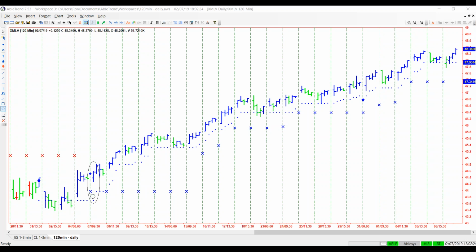The point I'm making here is when the bar is open, the colors can change because the prices are moving and the software is doing all the calculations. Once the bar closes, it's final. It will never ever change colors again. Now, you see how you have the first big blue X over here.